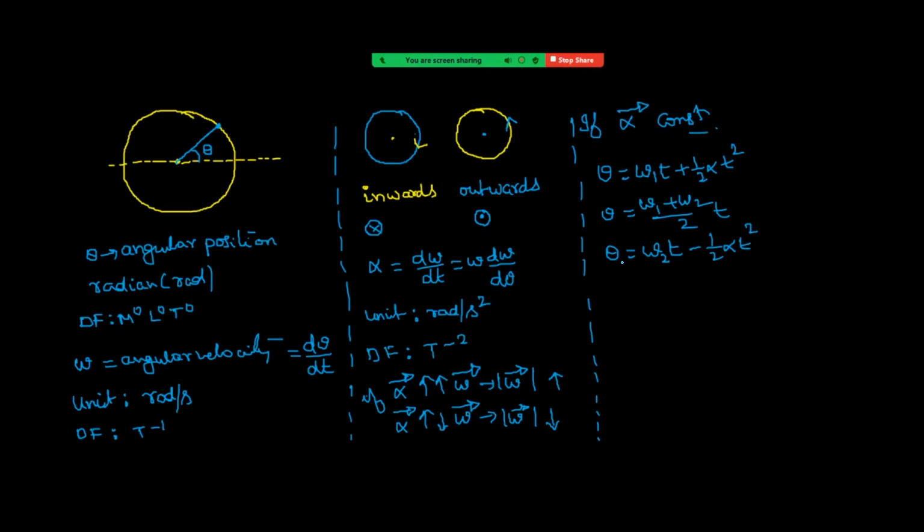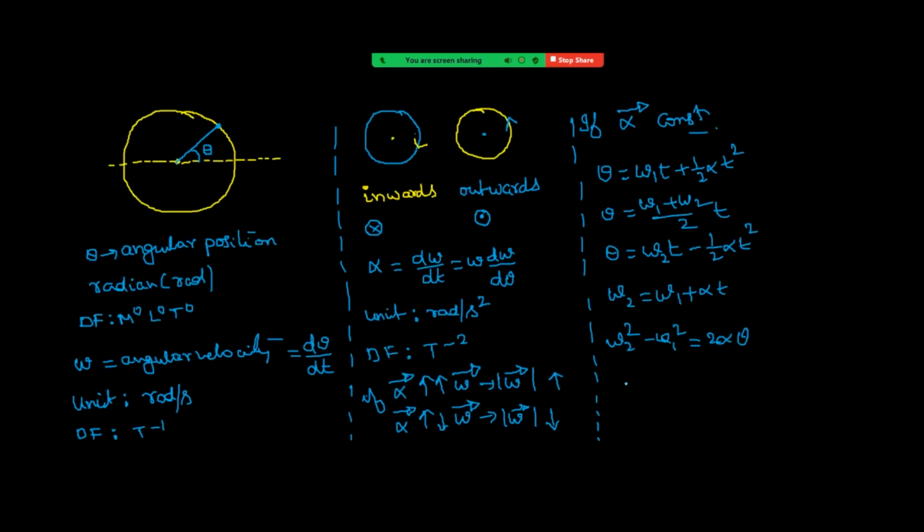If you remember, S equal to vt minus a half a t square, that relation. Next, we can write here omega 2 equal to omega 1 plus alpha t. And next, one more, it is omega 2 square minus omega 1 square equal to 2 alpha theta.